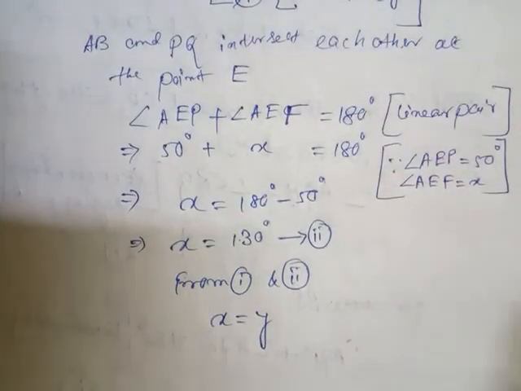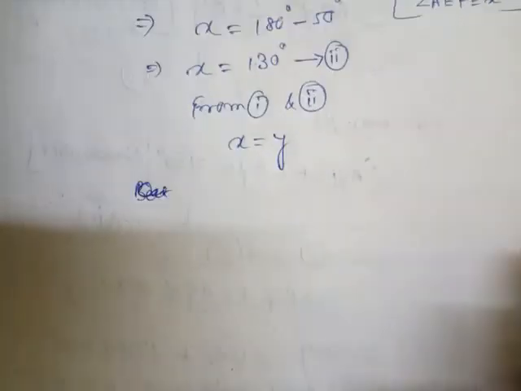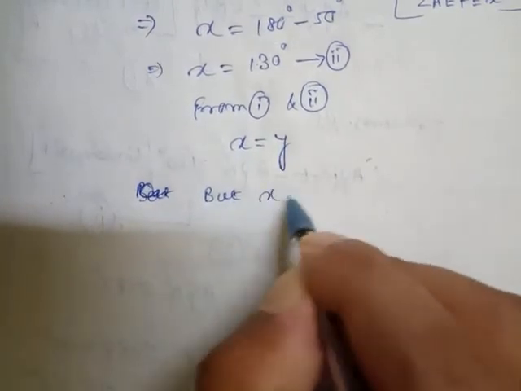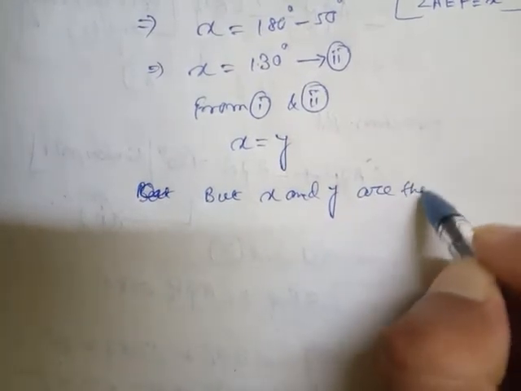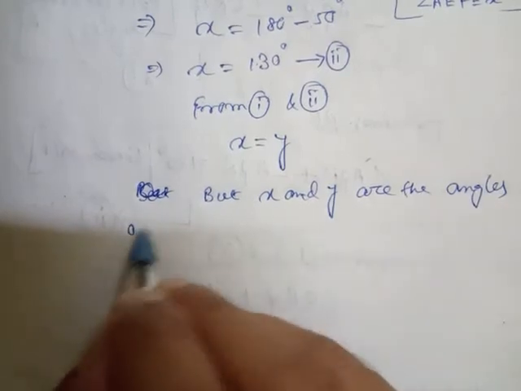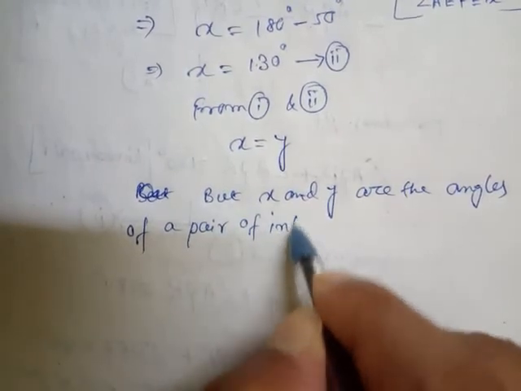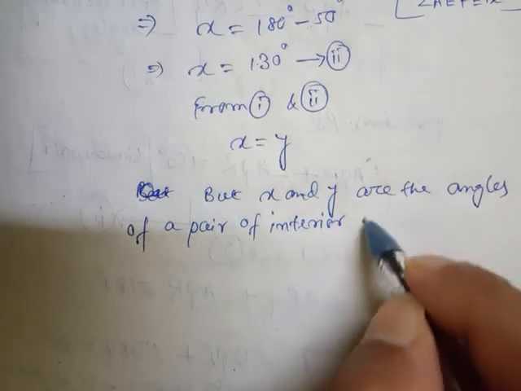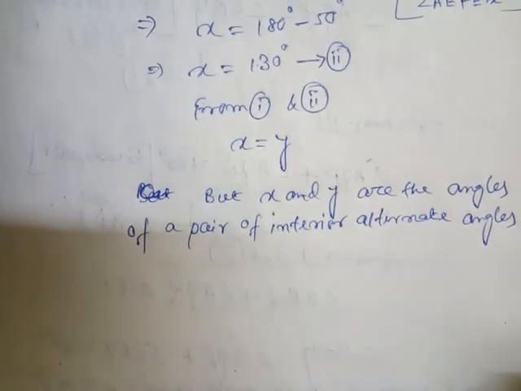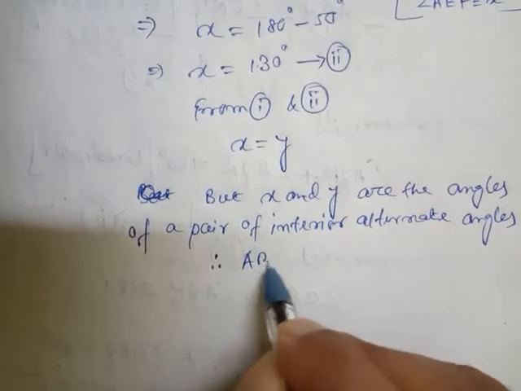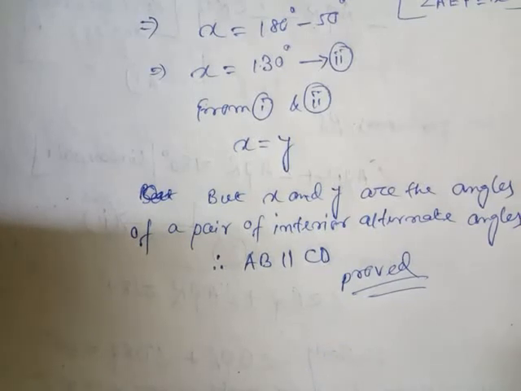Now the last line will be like this: but x and y are angles of a pair of alternate interior angles, so therefore you can say that AB is parallel to CD, proved. The first question is also over.